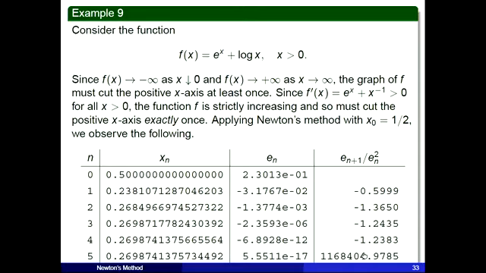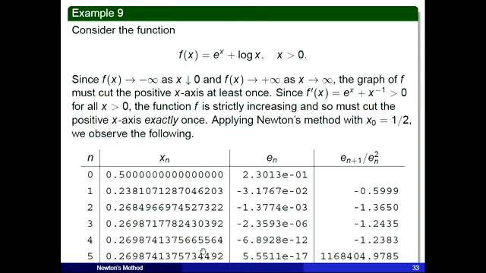You passed the solution already. Well, if you check, the solution is here. Only the ninth digits are changing, right? You see the first 8 digits are the same.